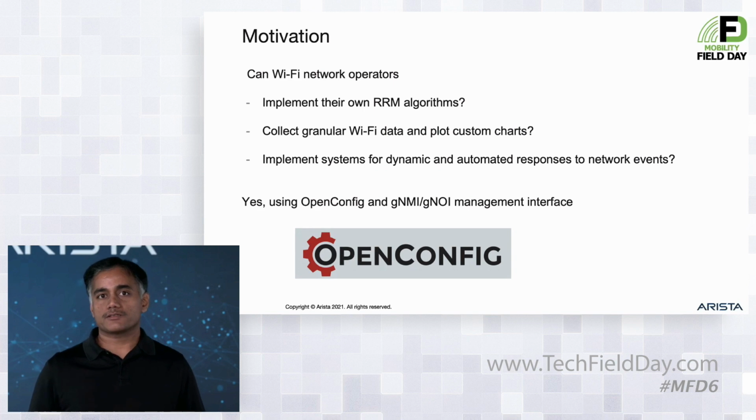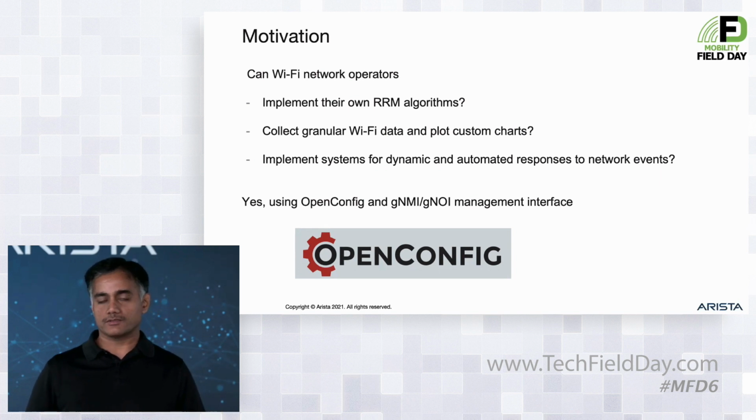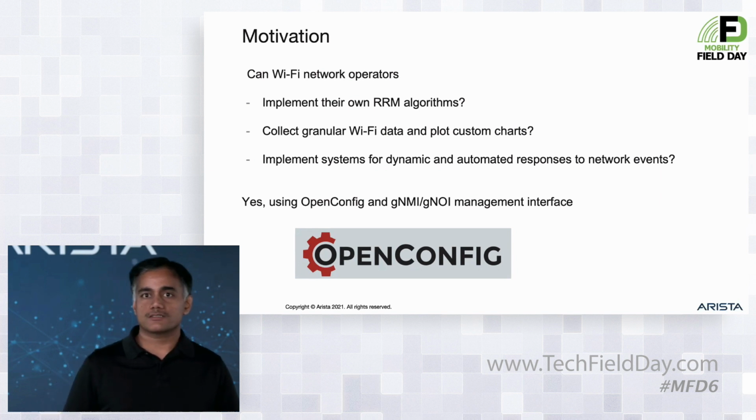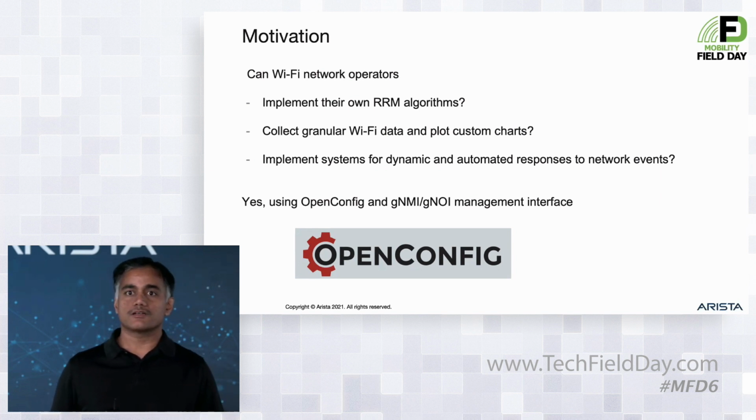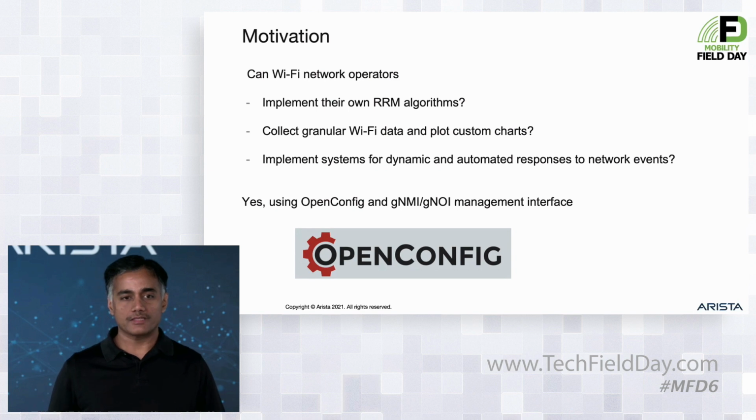Can they build automated systems to respond to events in real time, those that are happening in their networks? I think OpenConfig is a great way to enable all of these use cases, because the most interesting aspect of OpenConfig, the really state-of-the-art and powerful streaming telemetry, enables all these use cases at a really granular and advanced level.